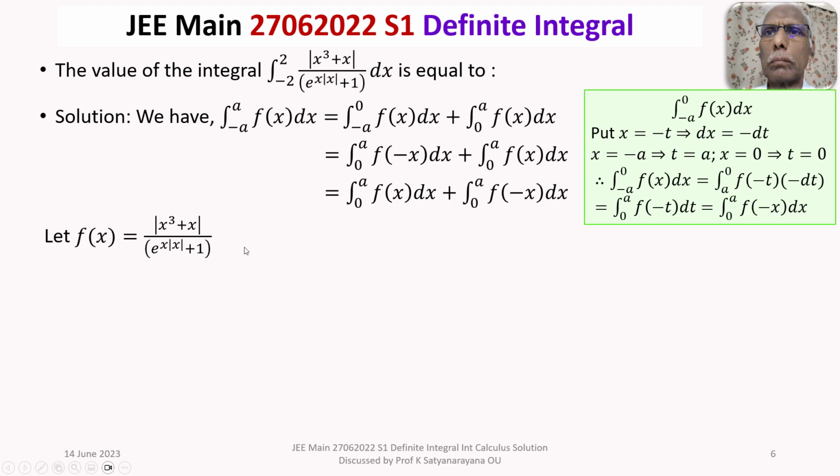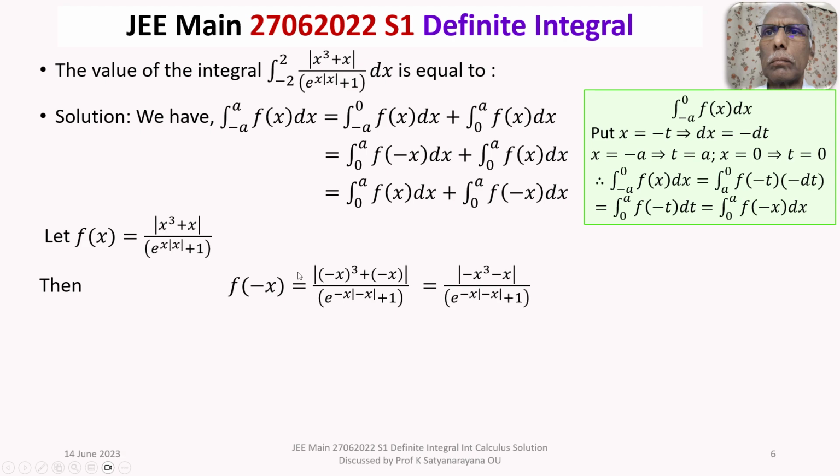Agreed? Now we write f of minus x. Why? Because we want f of minus x here. So wherever there is x, you write minus x. So that will be equal to mod of (minus x whole cube plus, in brackets, minus x) by e power minus x into (mod of minus x plus 1).